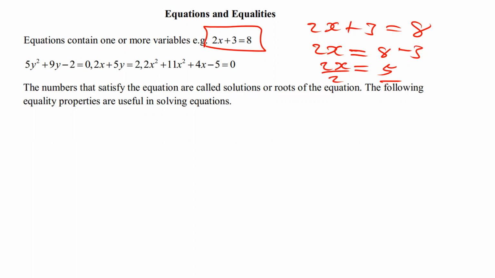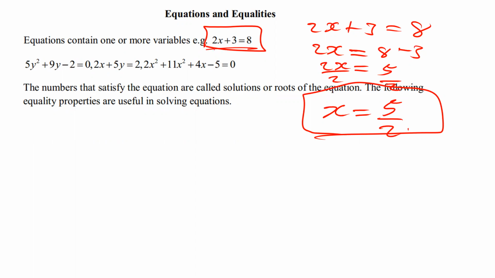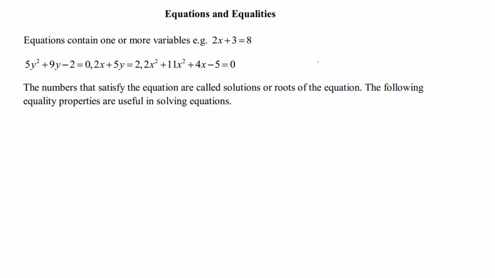When we divide by 2 on both sides, the value of x becomes what? 5/2. So this 5/2 is the one that we're calling the solution of this equation, or you can call it the root of this equation here. The following equality properties are useful in solving equations.